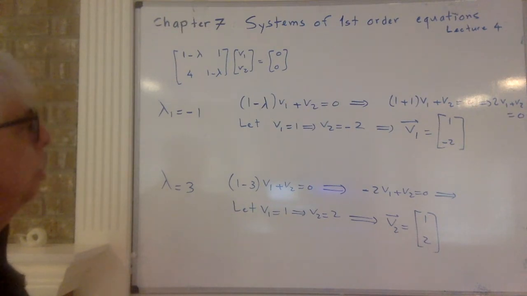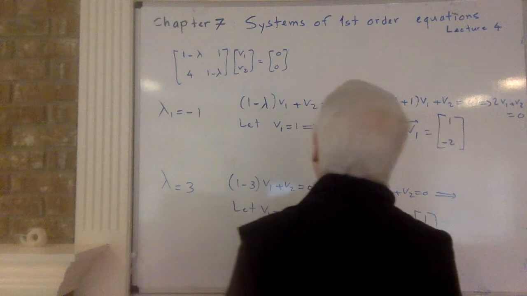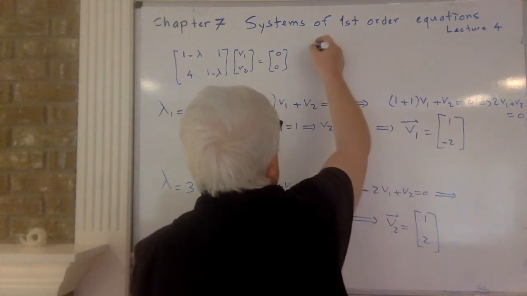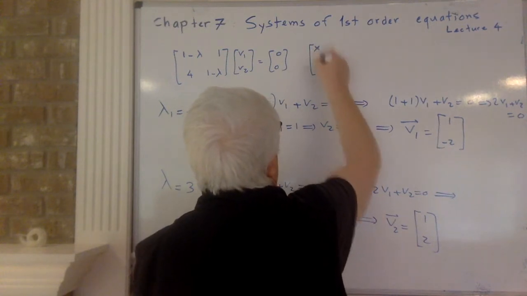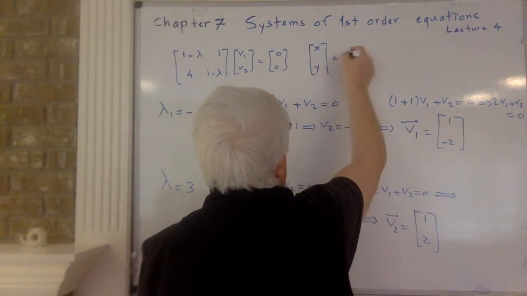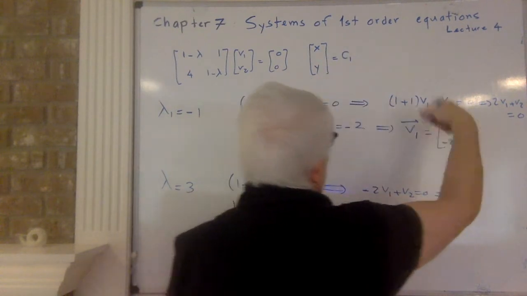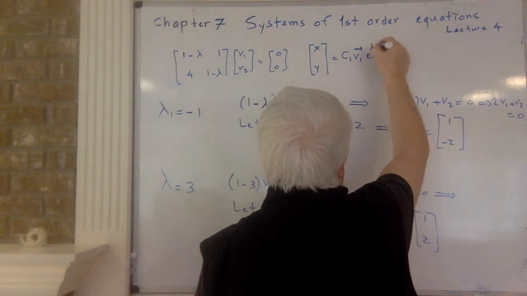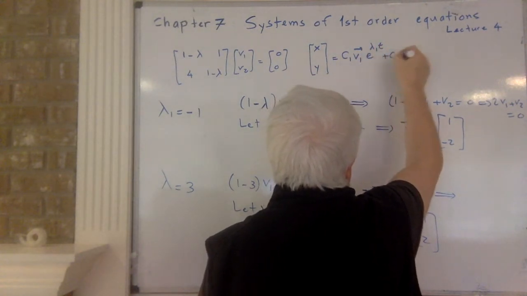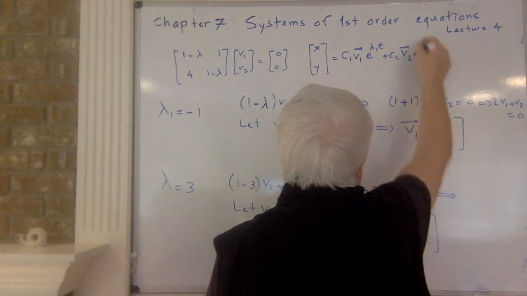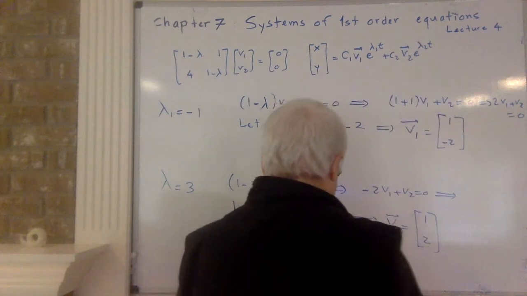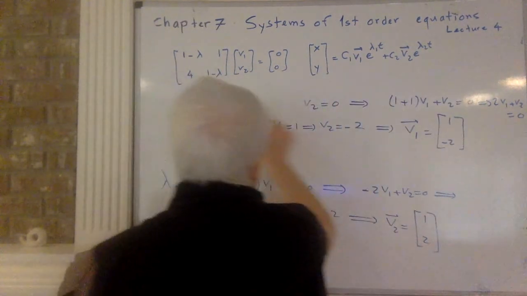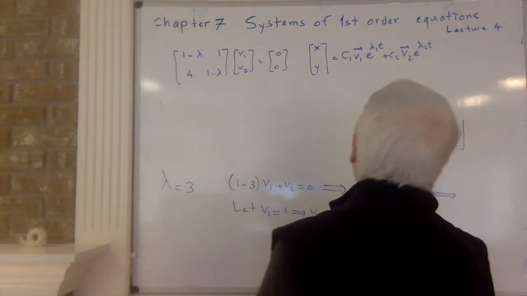So I know how to write the general solution, so let's write the general solution. I can do it here. I have space here, so it's general solution x, y. Remember, it was constant 1 times vector 1 e to the power lambda 1 t plus constant 2, vector 2, e to the power lambda 2 t. Right?